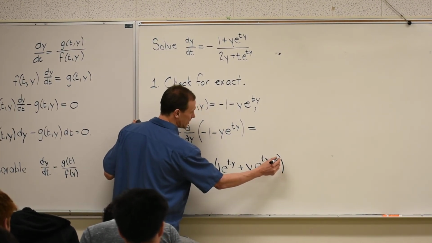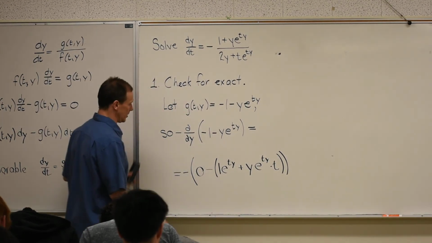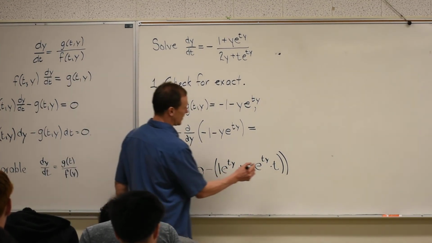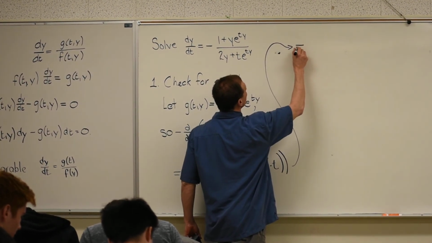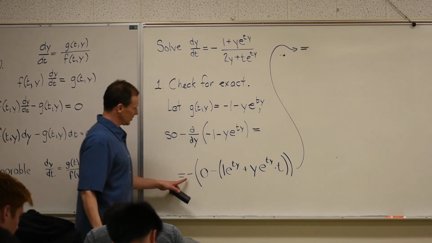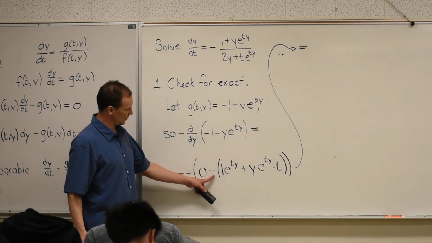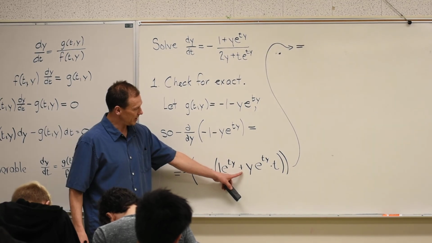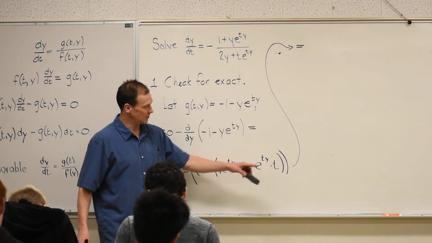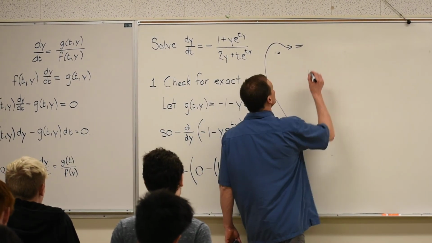Did I do that correctly? I hope so. Good. Let's clean that up and write it in its final form. Let's distribute the minus, those cancel. So my final answer is e to the ty plus ty e to the ty.